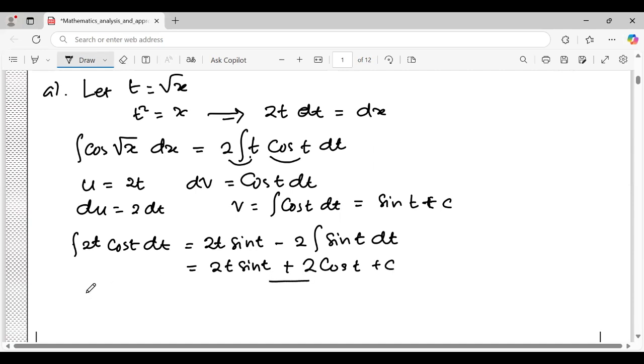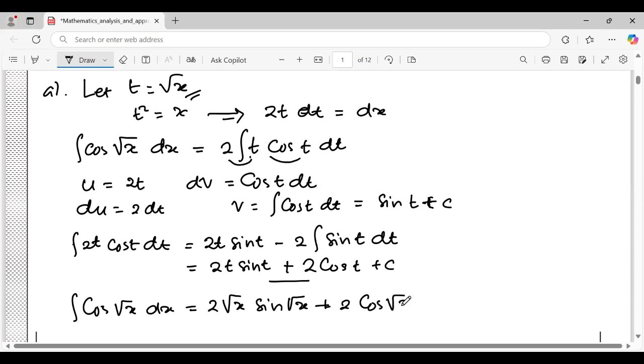And the next step, substitution, t equals square root x. So the integral of cosine square root x dx equals 2 square root x sine square root x plus 2 cosine square root x plus c. So on.